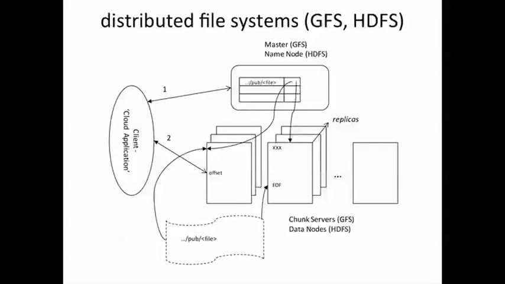Still, GFS and HDFS, while supporting bulk parallel reads and writes, are nevertheless file system architectures and not databases as we have come to understand them over the past 30 to 40 years.